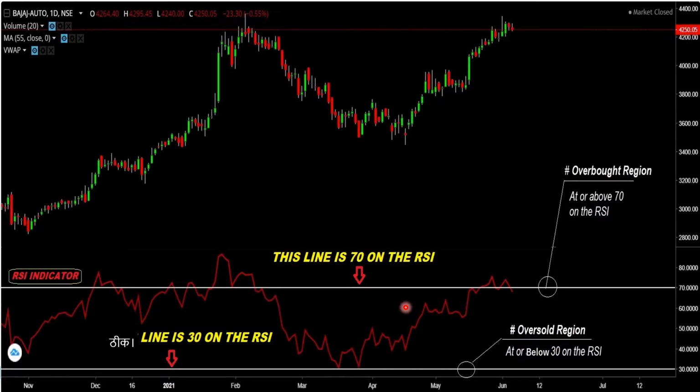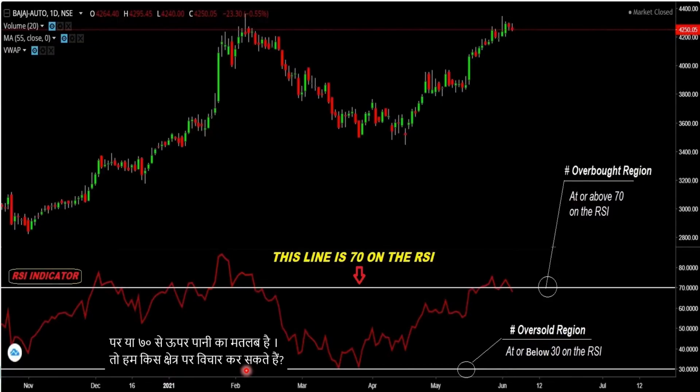Okay, this is the Bajaj Auto chart. This line is 70 on the RSI. At or above 70 means overbought. So we can consider it the overbought region.